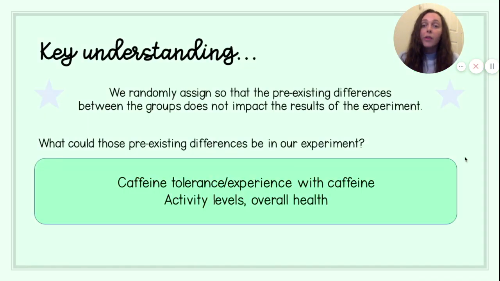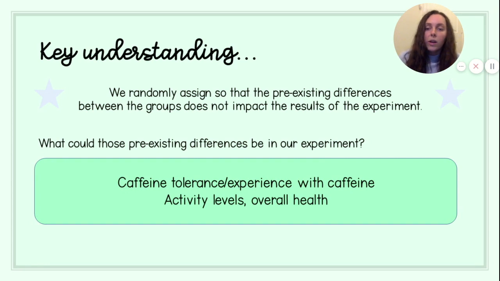Okay, another key understanding here. We randomly assign so that the pre-existing differences, and that can be anything, right? Gender, intelligence, temperament, any differences, between the groups do not impact the results of the experiment.